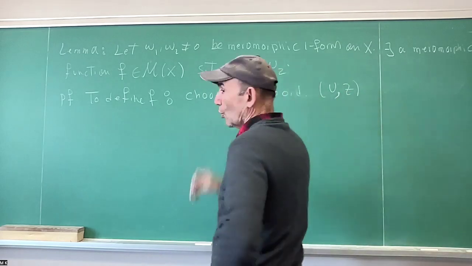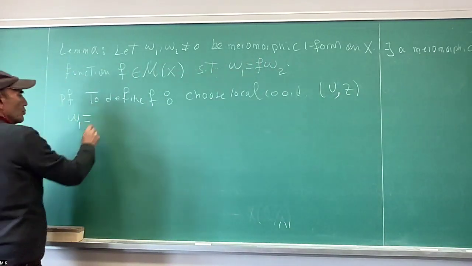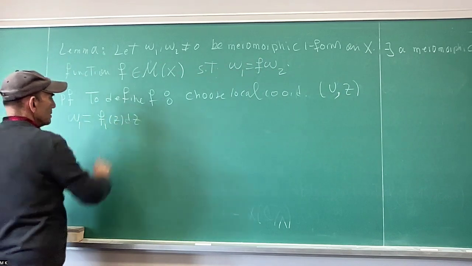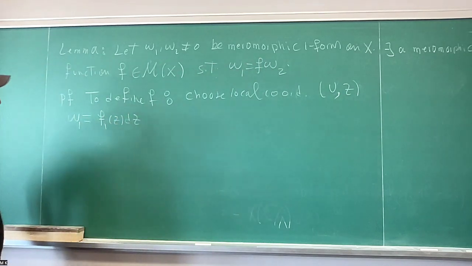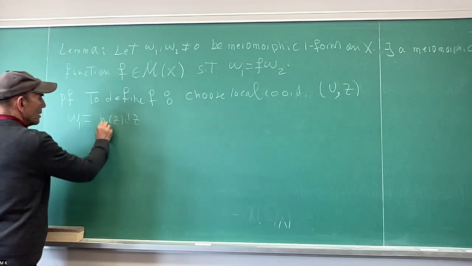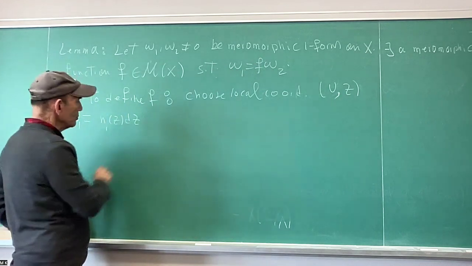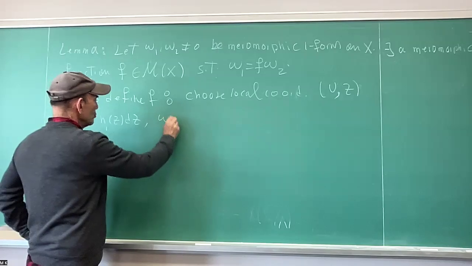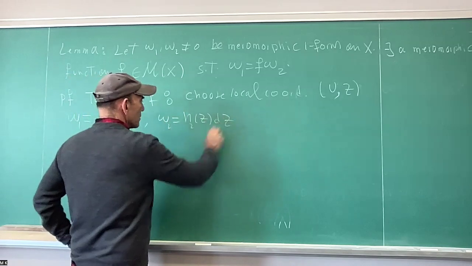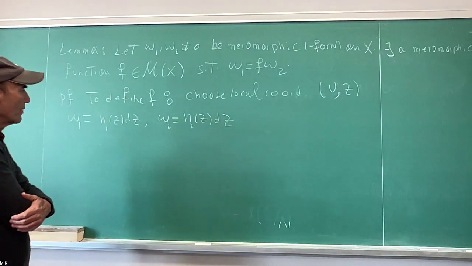And then in that local coordinate, you can obviously write omega 1 equal to h1 of z dz, where h1 is meromorphic over U. And I can write omega 2 equal to h2 of z dz, which is also meromorphic.